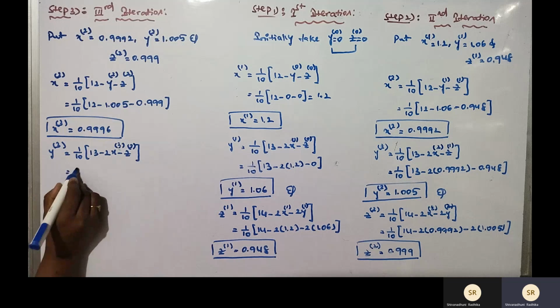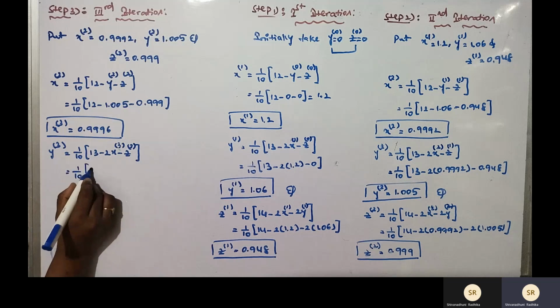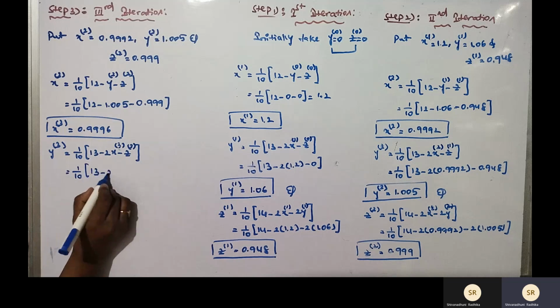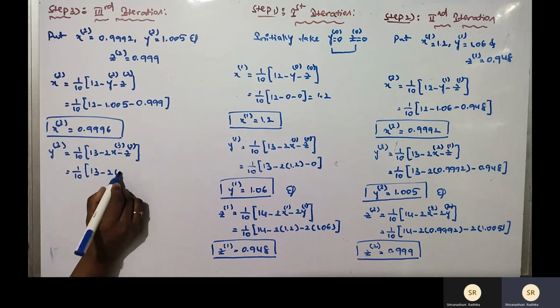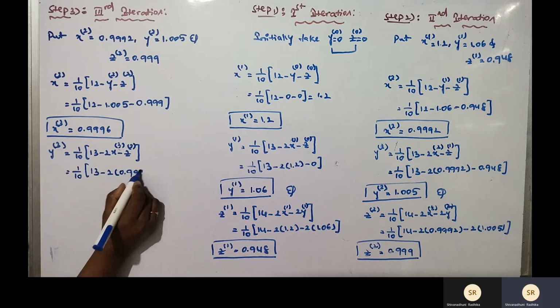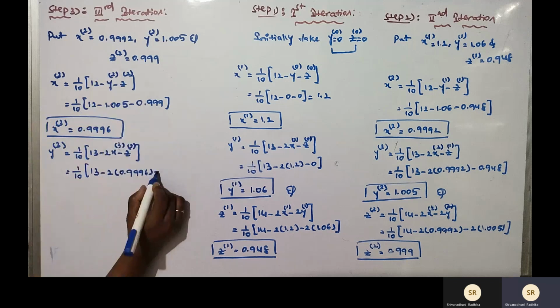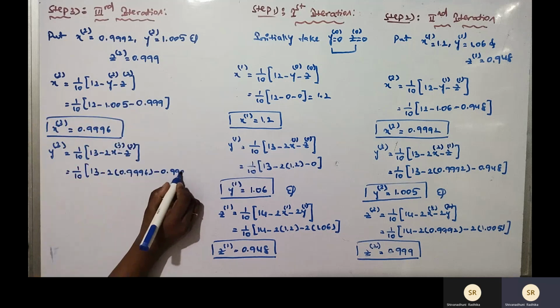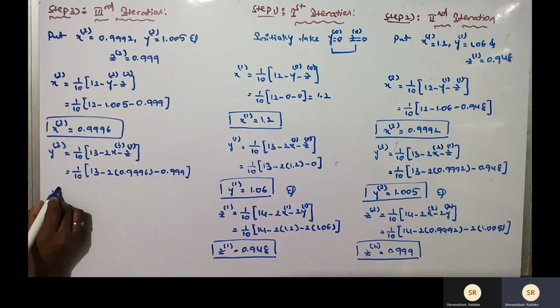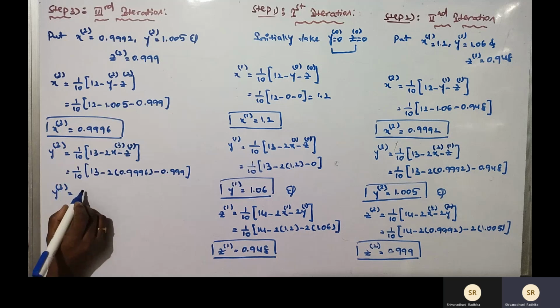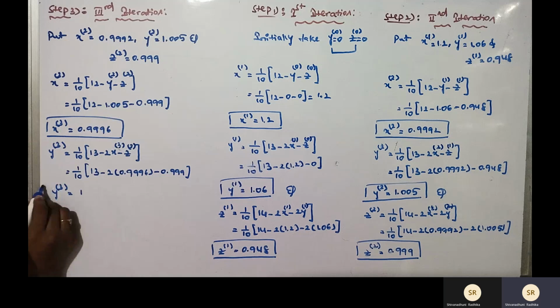Okay. Now substitute the values: 1 by 10 into 13 minus 2 into x third approximation 0.996 minus z second approximation 0.999. So by third approximation using the calculation, I am getting here directly 1.